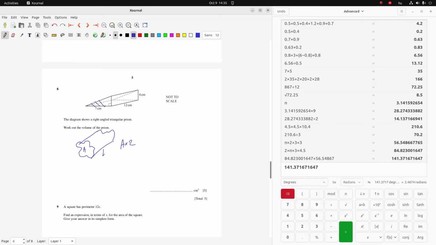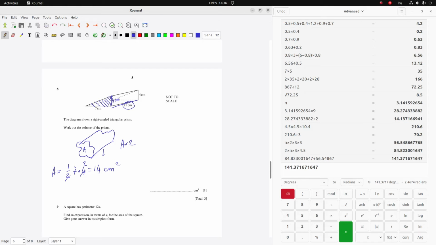So this is the cross-sectional area, which will be given by 7 centimeters base and 4 centimeters height. And this will be the length, 12 centimeters. To calculate the area of a triangle, as we all know, is half base times height, which is basically 7 times 2, because this cancels, and then we have 14 centimeters squared.